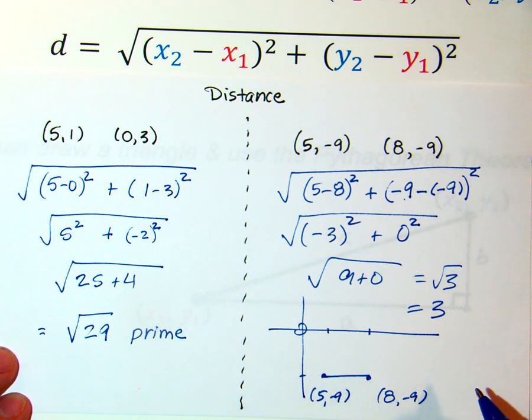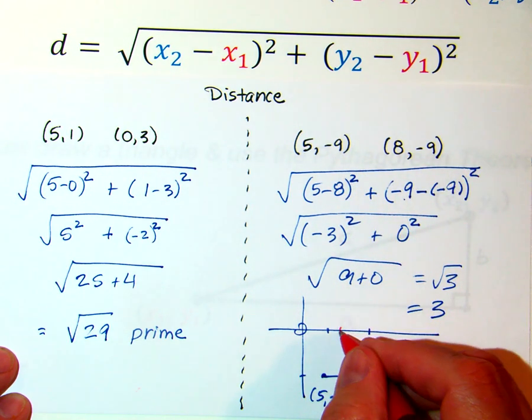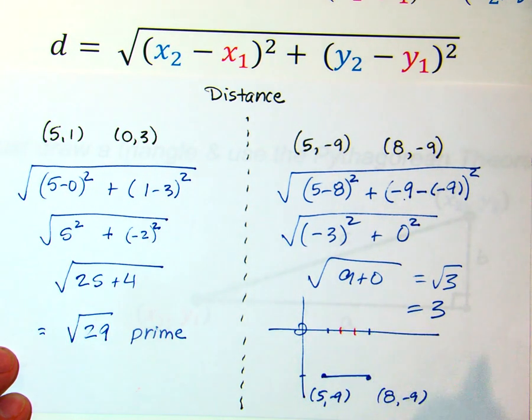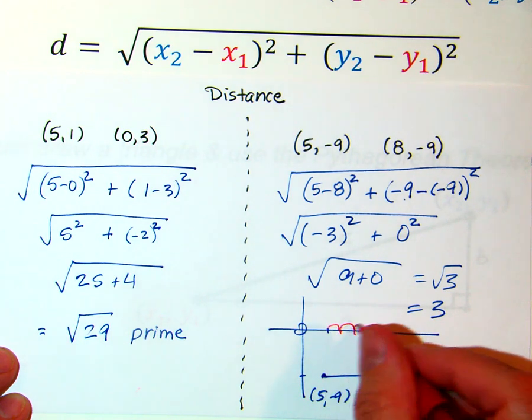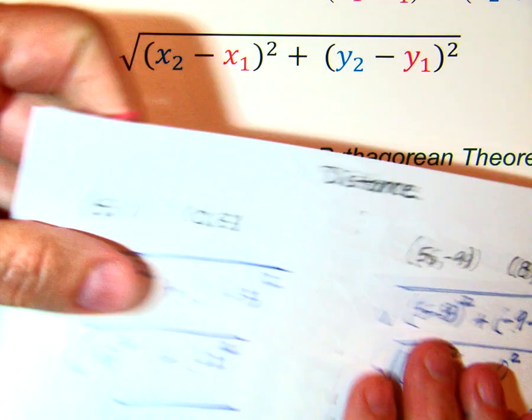Try to draw a triangle with that. No, no, no. And really, what do you have to do? If you noticed ahead of time that those were the same, all you had to do was count 5, 6, 7, 8: 1, 2, 3, and you're done. So you really didn't have to do all of that. Anytime you notice that both the x's are the same or both the y's are the same, it's just the distance between the other two, like this.